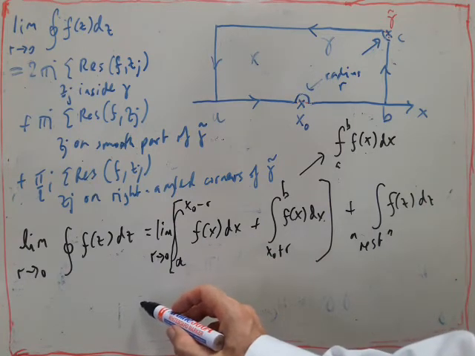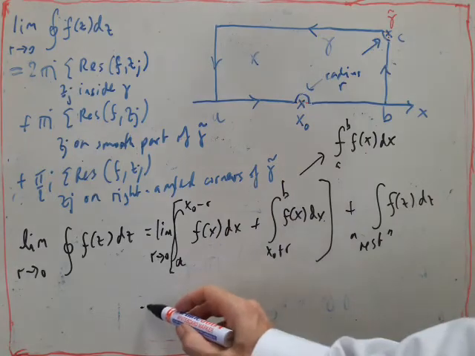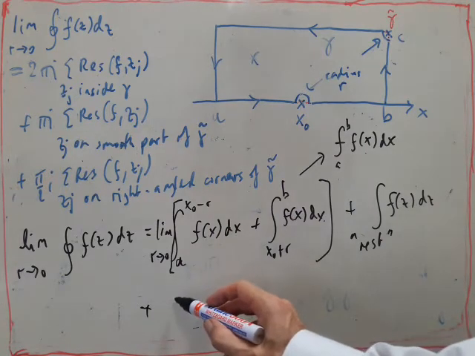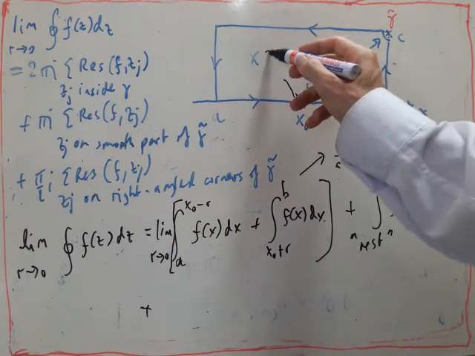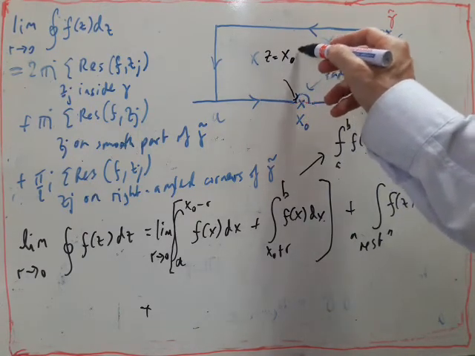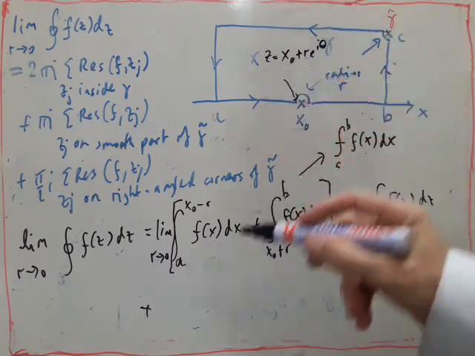So at that point, if we change variables, we've got this point here, z equals x naught plus r times e to the i theta.